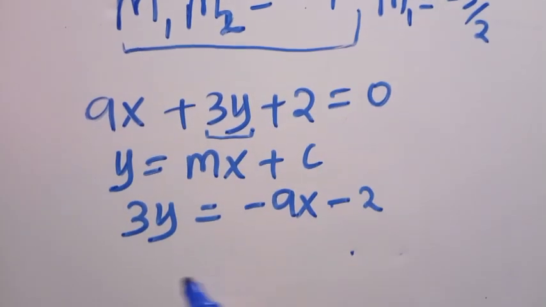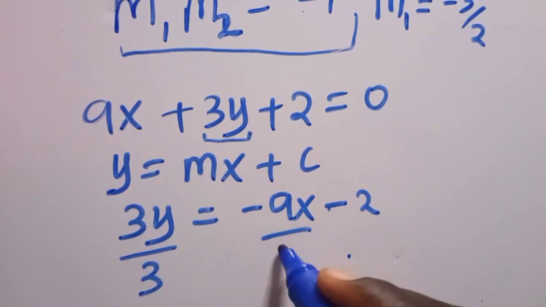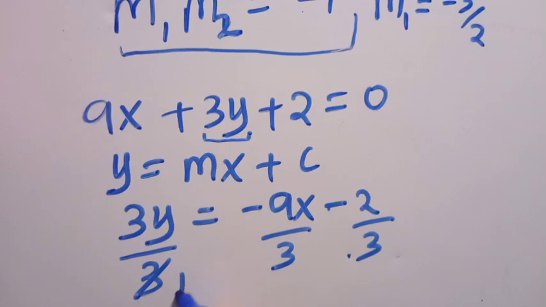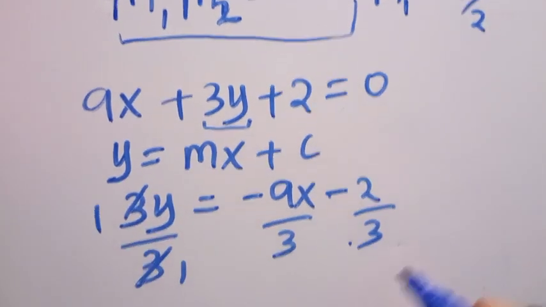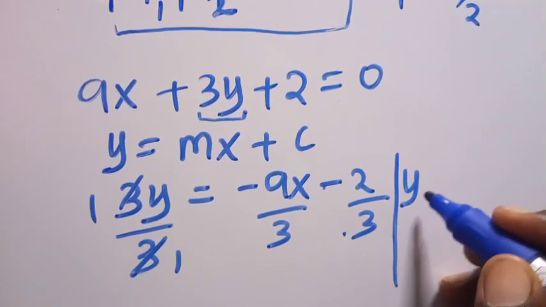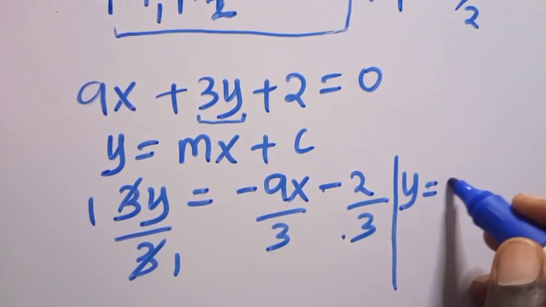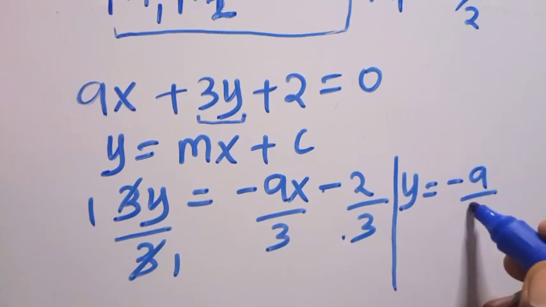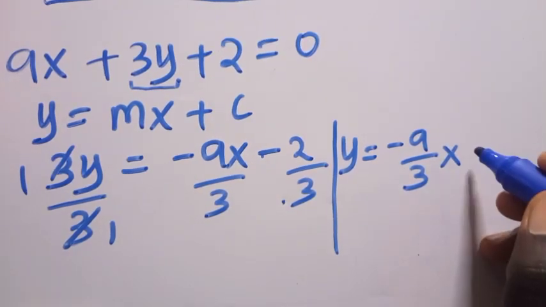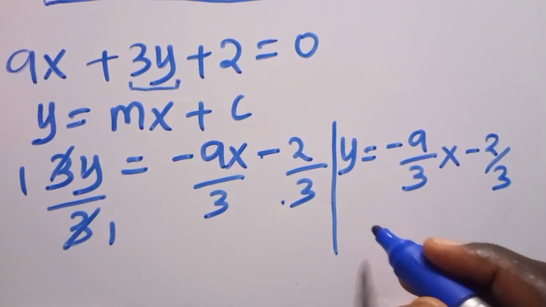From this point, I want to remain with y alone, and therefore I divide by 3 on both sides. In this case, I shall have y = -a/3 x - 2/3.